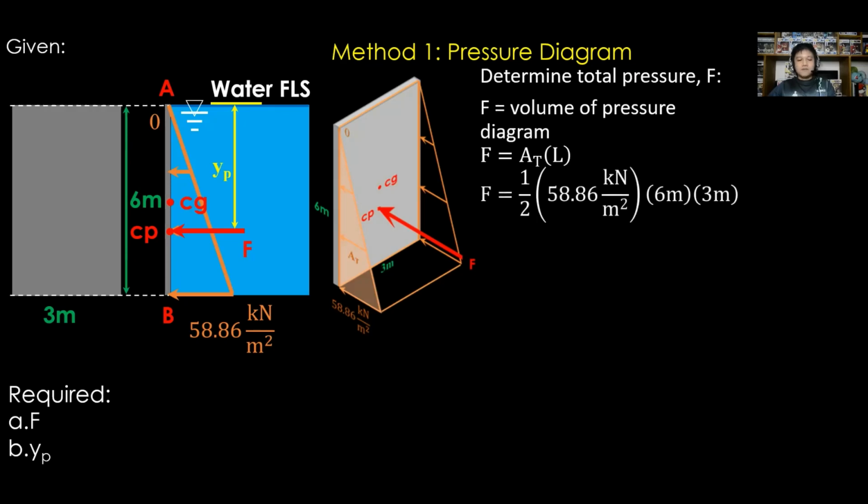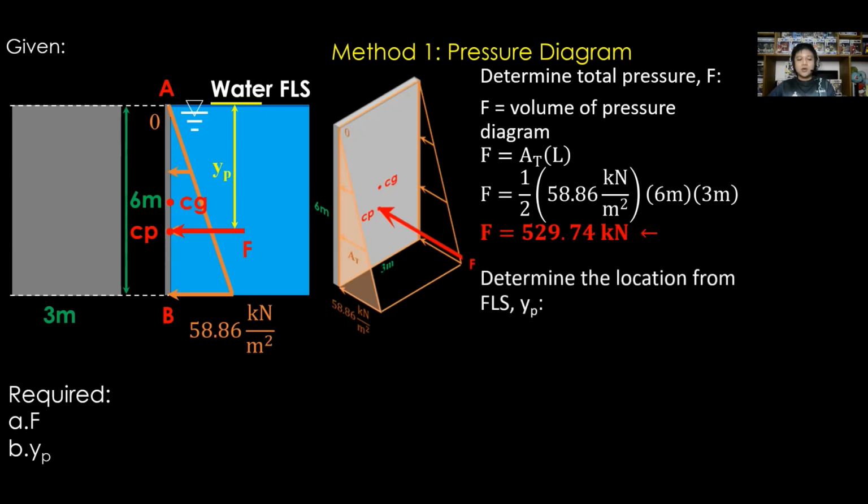F, therefore, is equal to the area of the pressure diagram, that is triangular, so 1/2, times the base, which is 58.86 kilonewtons per square meter, times the height of the side of that prism, which is 6 meters. Then multiply to the width or the base of the submerged surface, which is 3 meters. Thus, F is equal to 529.74 kilonewtons, that is towards the surface.